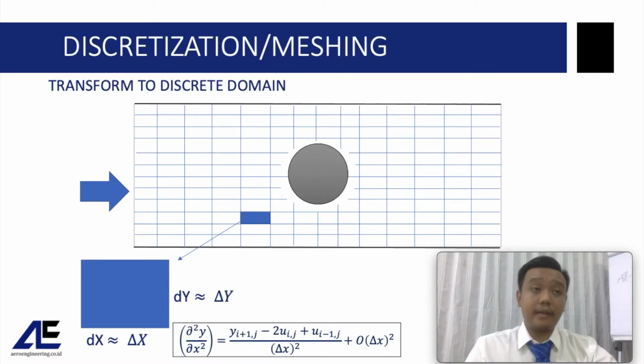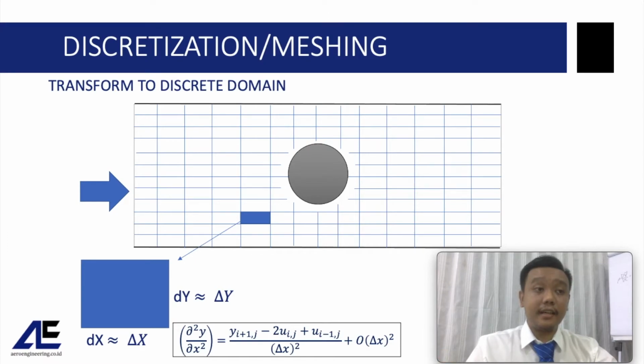This is one alternative to get the solution. Instead of solving the equation in the whole domain instantaneously, we can divide our problem into small segments with simpler volumes or elements which are simpler to solve analytically. This process is called discretization or meshing.